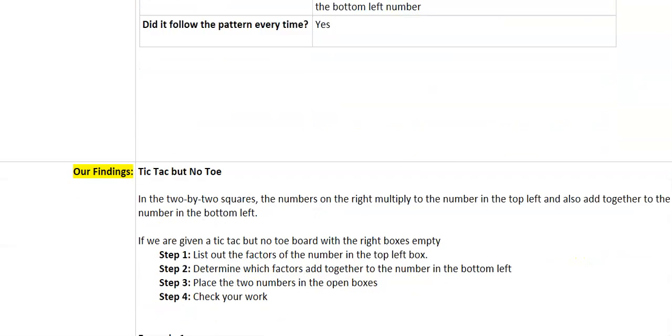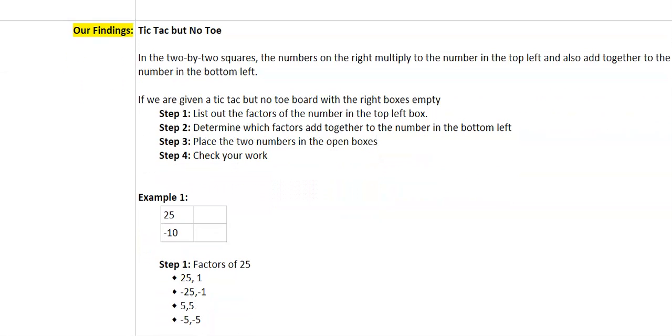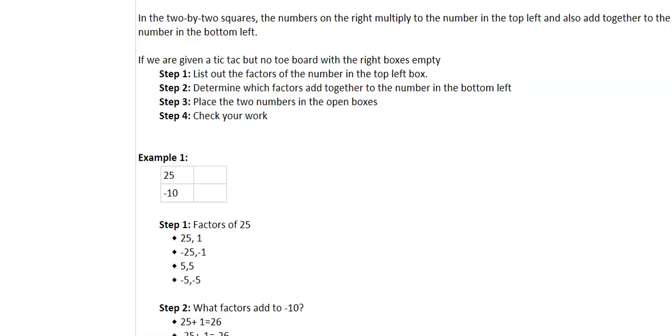So if you look down into our notes here, tic-tac but no toe. In the 2 by 2 squares, the numbers on the right multiply to the number in the top left, and they also add together to the number in the bottom left. So if we are given a tic-tac but no toe board with the right boxes empty, we would be able to fill them in ourselves.